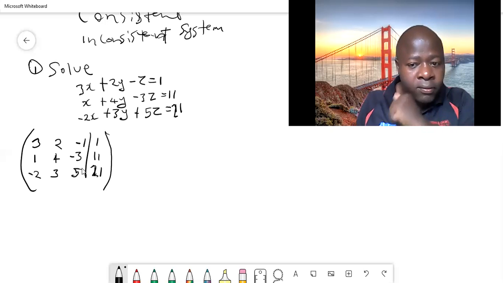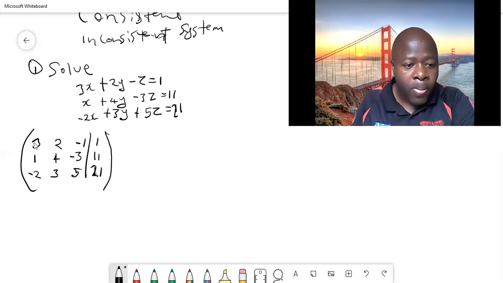Now, to solve this, I want to look at this main diagonal. So I'll come to the first element in this diagonal and use this element to clear the elements below it in the first column. So that in this first column, this should be the only non-zero element, and these other two should be zeros.